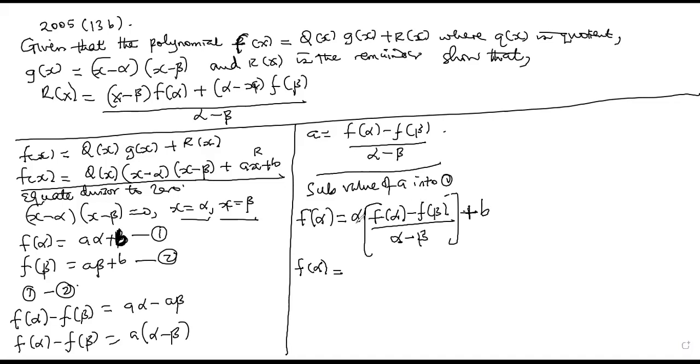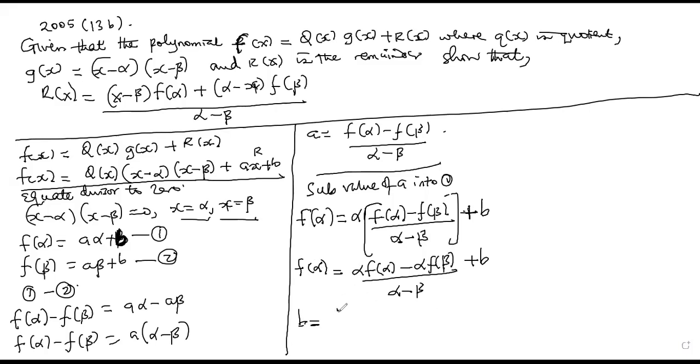So it is going to be alpha f of alpha, I'm multiplying alpha inside, minus alpha f of beta out of alpha minus beta plus a b, meaning to get b, I'll get f of alpha, b will be equal to f of alpha minus the whole of this.